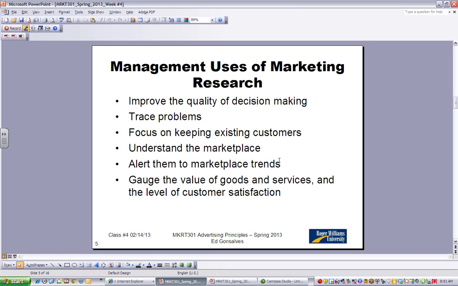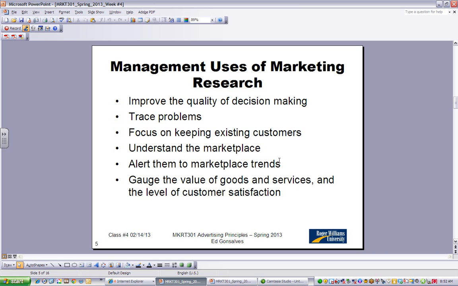Well, it helps you improve your quality of decision making because you have more information available to you before you decide to either launch a product or maybe even cancel one. It helps you look at where there's issues going on. Also, it costs so much money to acquire a customer, so keeping existing customers is important, and getting data that supports that and keeps that moving is essential to any business.